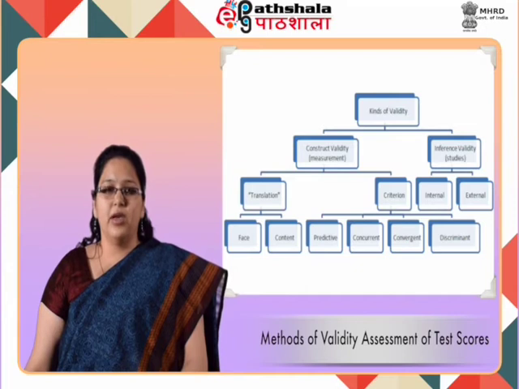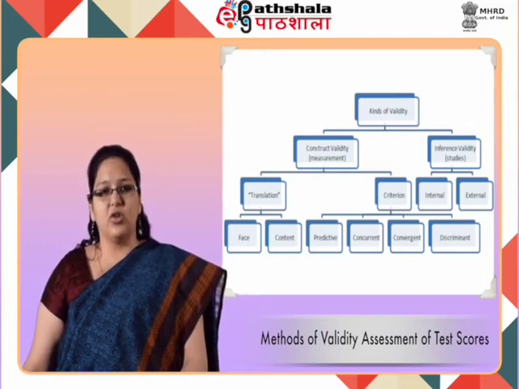These are determining validity by means of judgment of test takers, that is face validity; determining validity by asking the subject matter experts, that is content validity; determining validity by criterion related studies, that is criterion related validity; determining validity by convergent or divergent assessment, that is construct validity; and determining validity by factorial analysis.